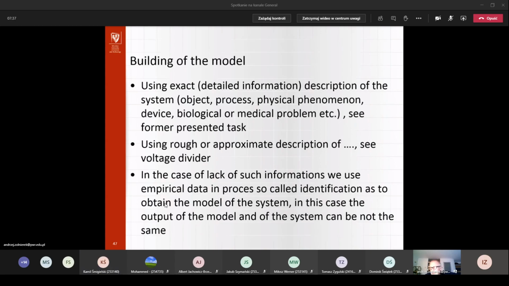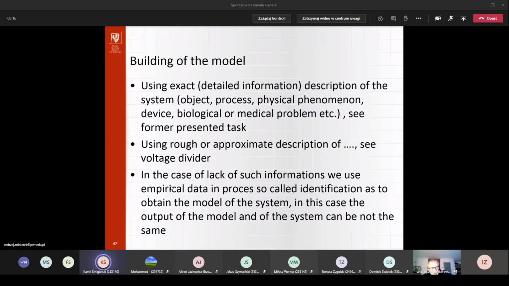In my opinion, it's a very wise example, because we learn from it that even for very simple equipment, a very simple device, a very simple problem, we make assumptions in which we try not to take into account some values, we try to omit something, we try to assume certain properties in order to get the model simpler.